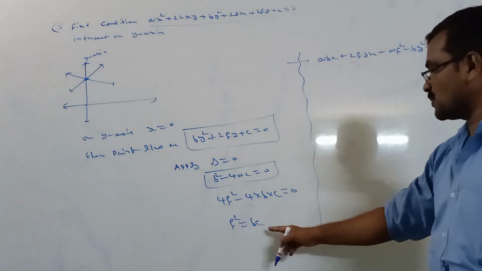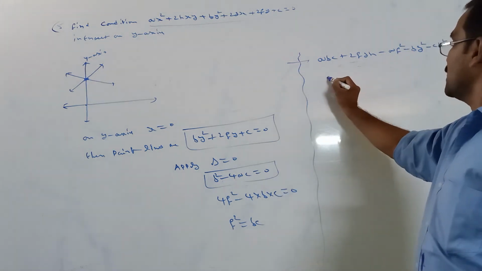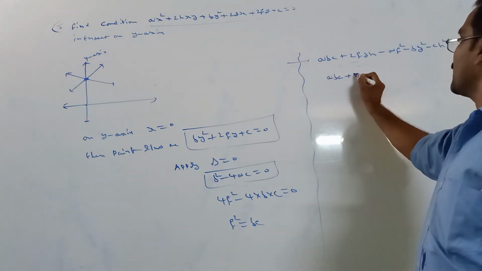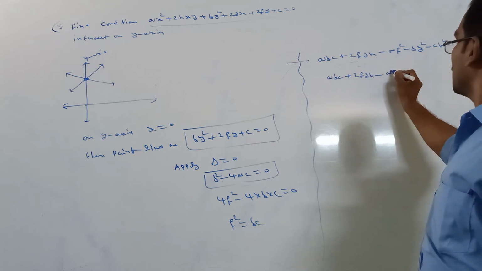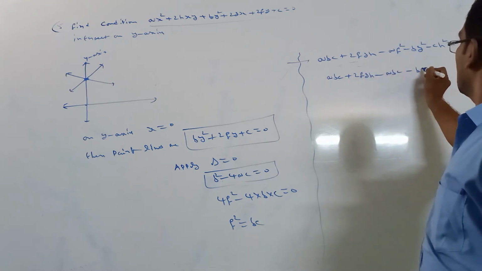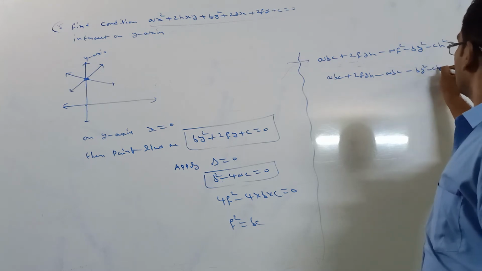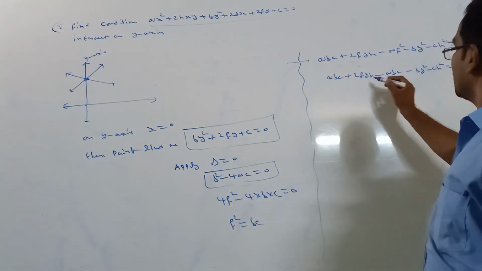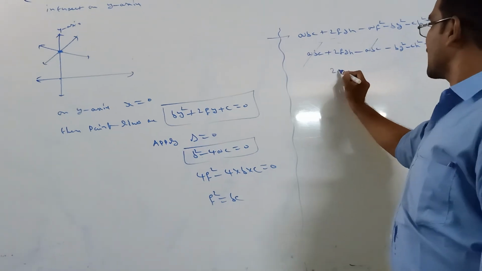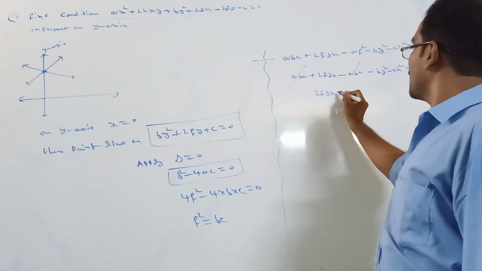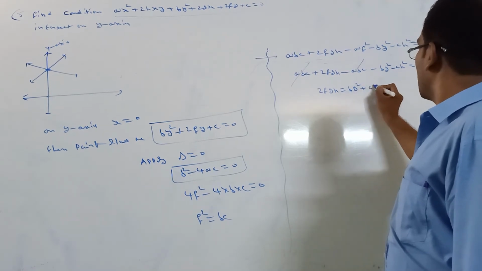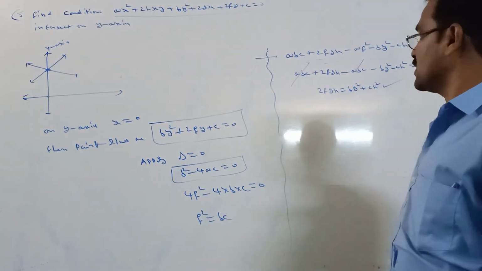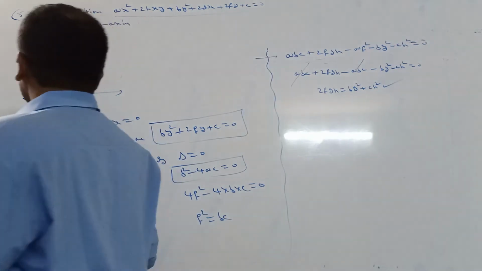So I substitute f square equal to bc: abc plus 2fgh, f square equal to bc, means abc minus bg square minus ch square equal to 0. abc cancels. 2fgh equal to bg square plus ch square is the required condition.